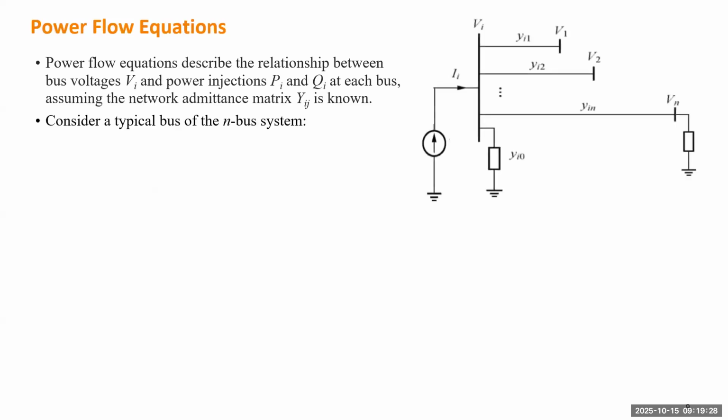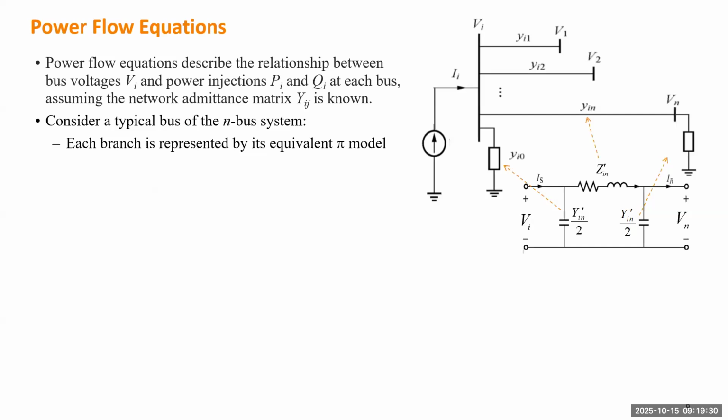Then we quickly form the power flow equations. The power flow equations are derived based on this general bus structure. If the bus has a voltage source, we first convert the voltage source to a current source. Then we model the connections between this bus and all the other buses by admittances.